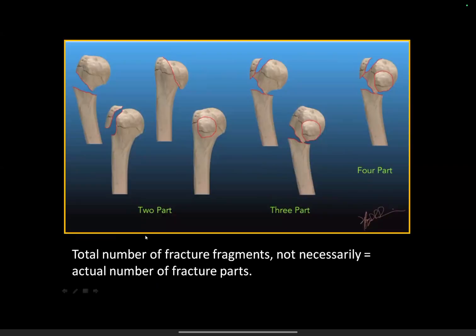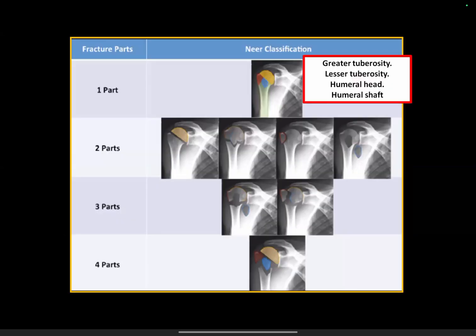So remember, based on that fact, the total number of fracture fragments does not necessarily correlate with the actual number of the fracture parts, because they have to fulfill that criteria. It has to be displaced more than 1 centimeter or angulated more than 45 degrees. All right. Again, remember our main players: the greater and lesser tuberosity, humeral head, and humeral shaft.